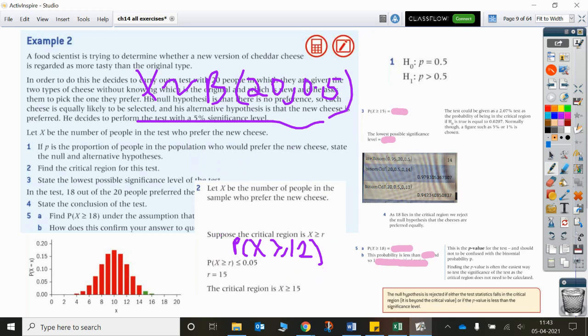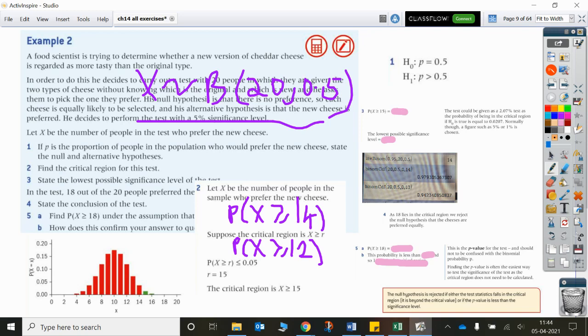You'll find that X is greater than or equal to 12, so from 12 up to 20, which is the maximum number of successes, is too big. This is greater than 5%. So we're going to need to keep going until we get underneath 5%. You might try next X greater than or equal to 14, and so on. Now let me try that on the calculator actually.